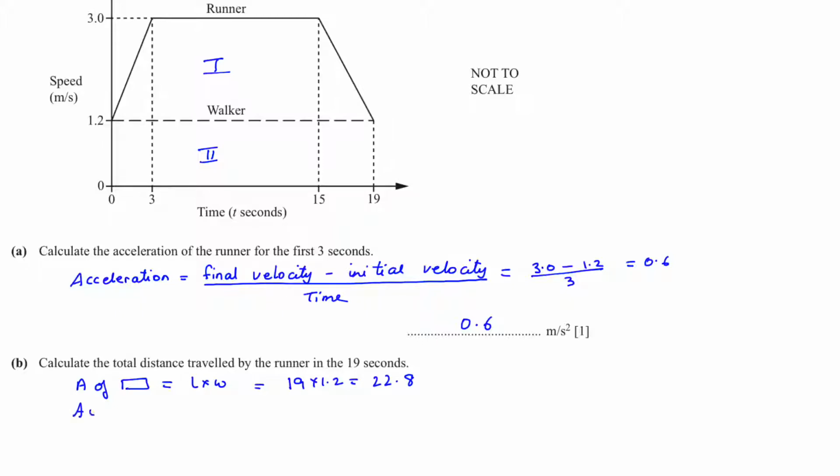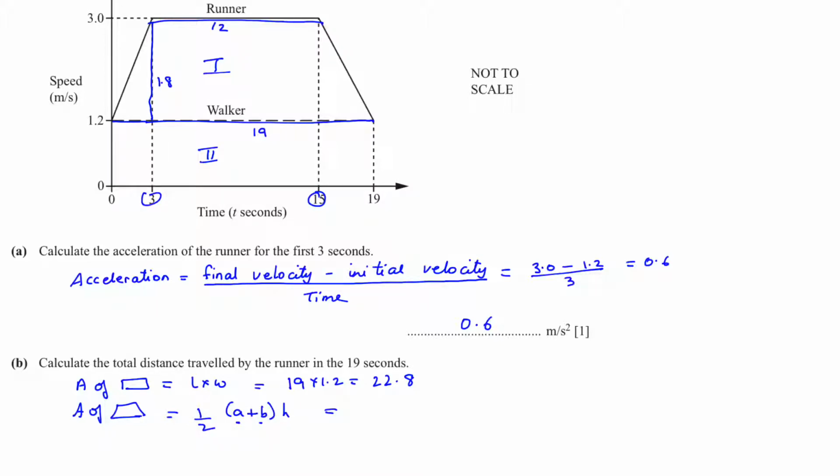The area of the trapezium is half (A plus B) H. A and B are the parallel sides, these sides here. We are using this line, that is also 19, and the top part is 15 and 3, so 15 minus 3, 12, and H is the height, 3.0 minus 1.2.